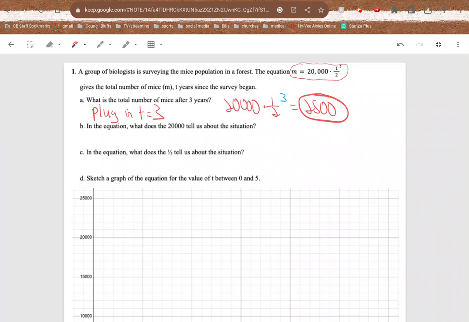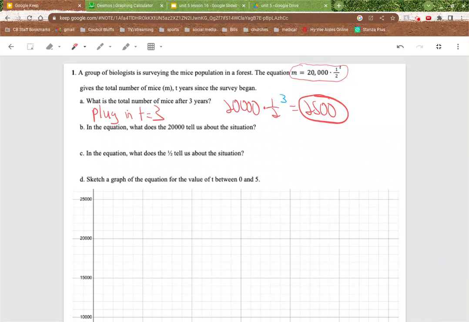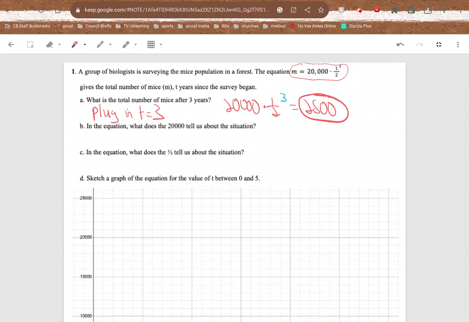All right. So remember, in an exponential equation, the first number tells me the starting value. The second number tells me what I'm multiplying by, how it's changing each year. So the 20,000 tells us the starting number of mice.